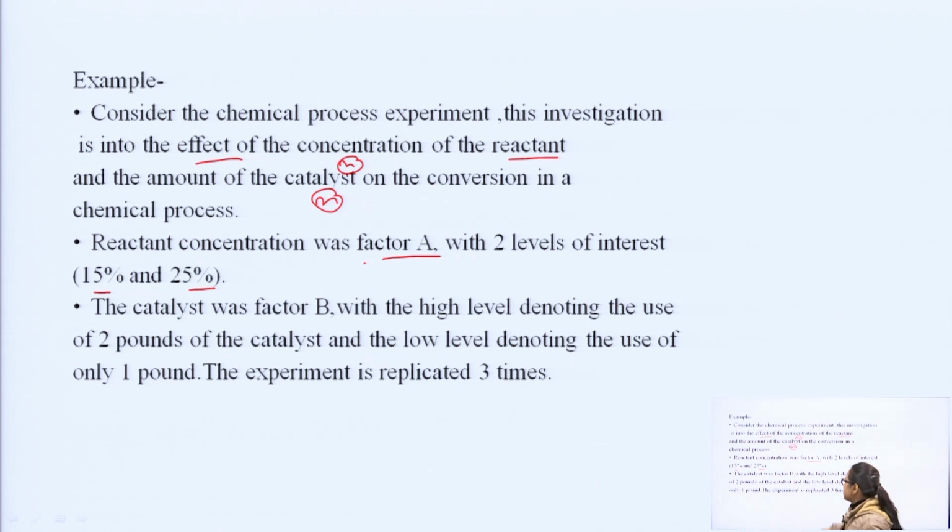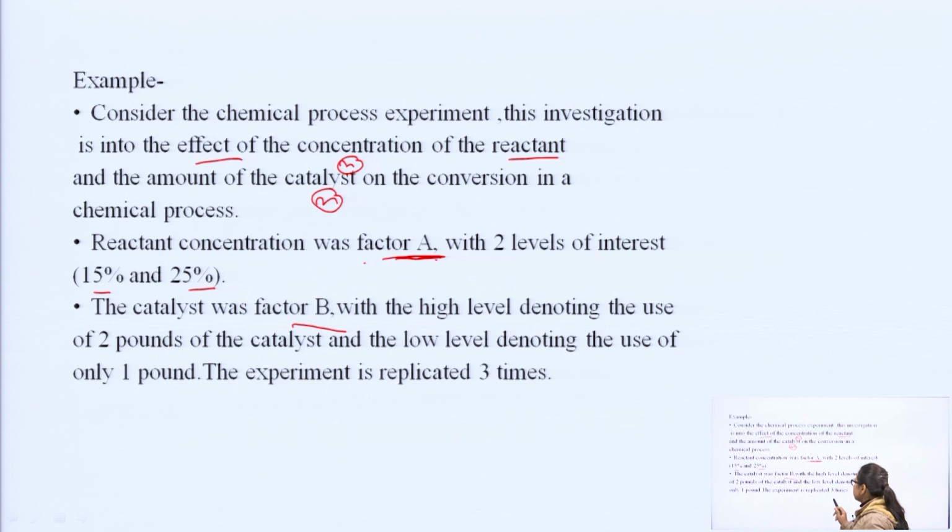Then the amount of catalyst was factor B, another variable, with the high level denoting the use of 2 pounds of the catalyst and the low level denoting the use of only 1 pound.